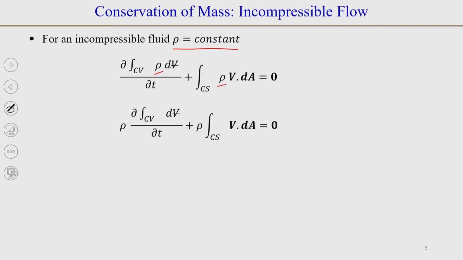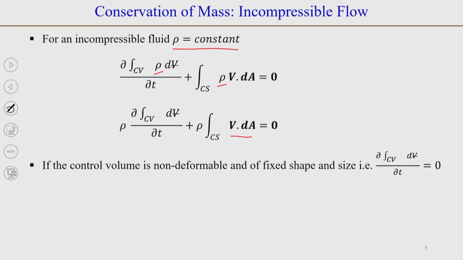So, rho times the integral over the control volume of del by del t, which is basically the rate of change of the control volume, plus rho times the integral over the control surface of V dot dA.